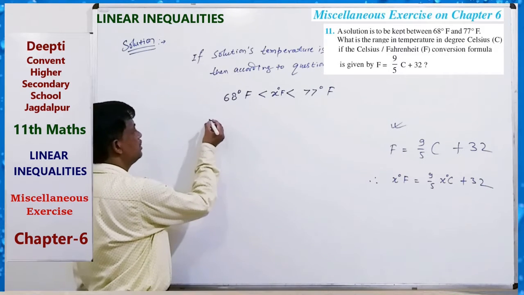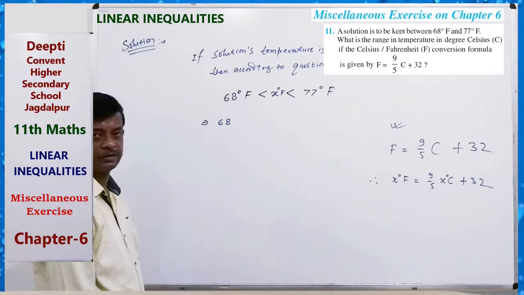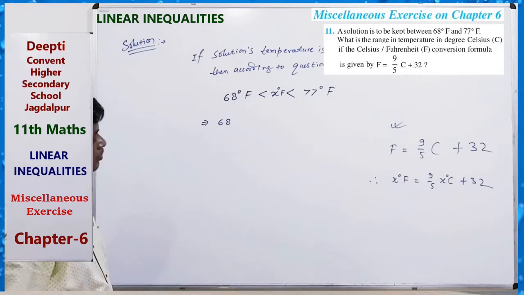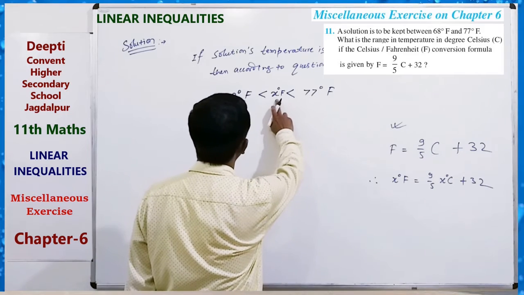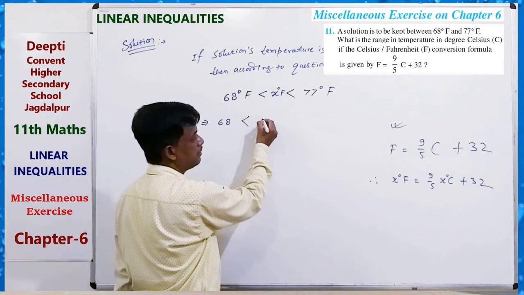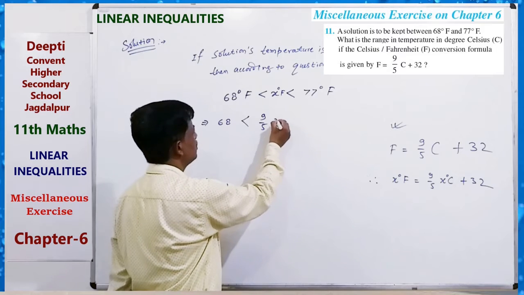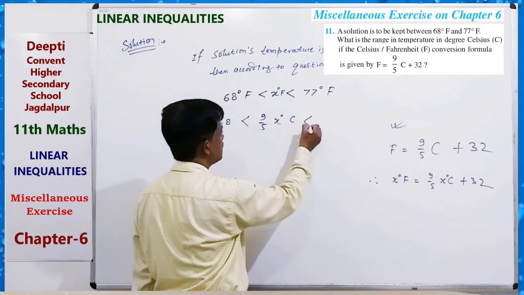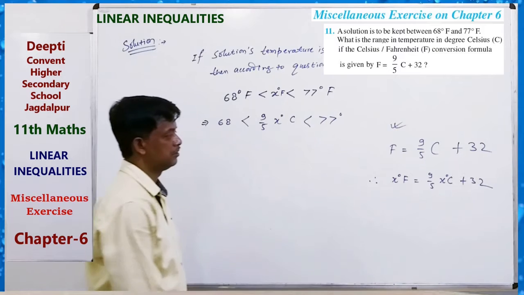So we can write 68 is less than 9 by 5 X degree Celsius plus 32, which is less than 77 degree. You just have to use the formula.